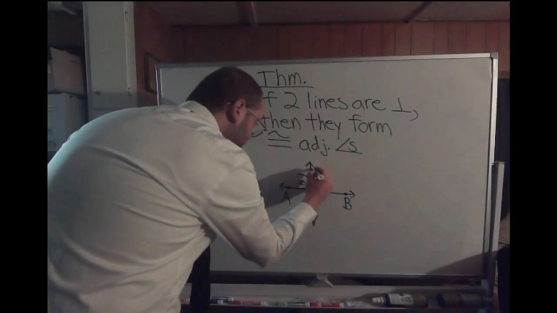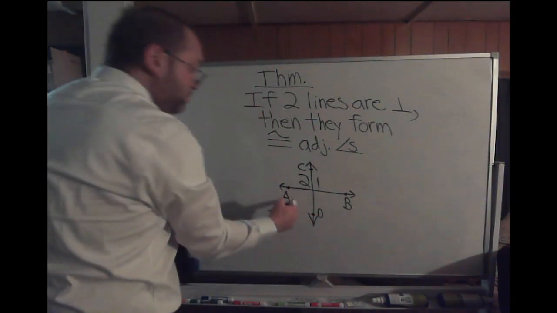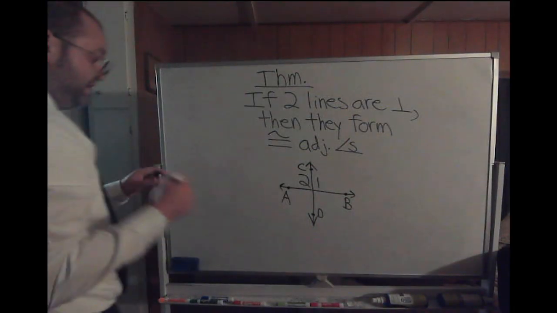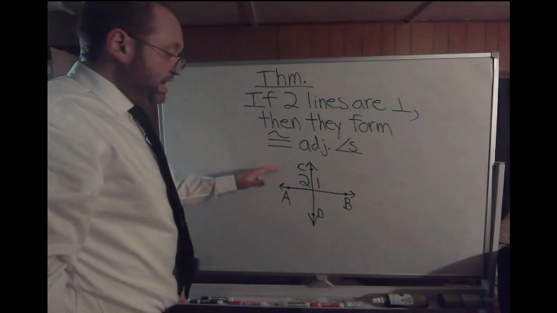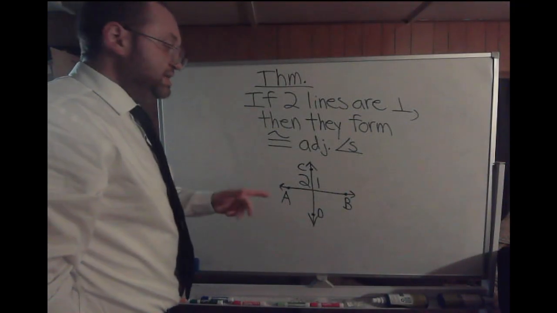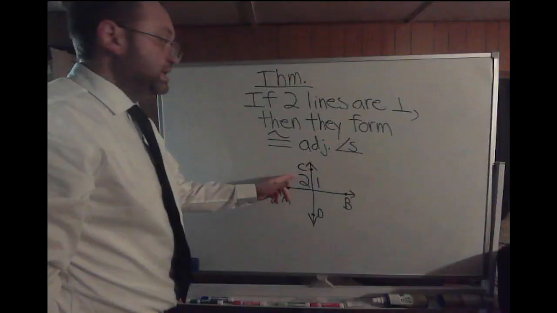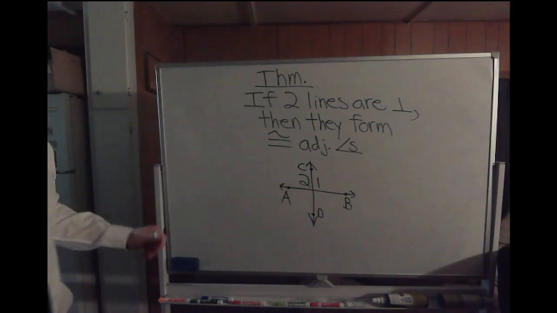We'll call this line going up and down CD. So the line going left to right is AB, the line going up to down is CD. So if AB is perpendicular to CD, that tells us that angle 1 would be congruent to angle 2, and they would be adjacent angles.